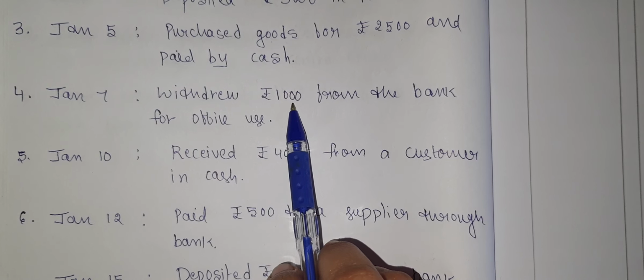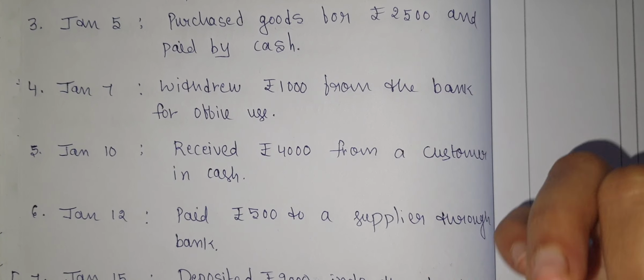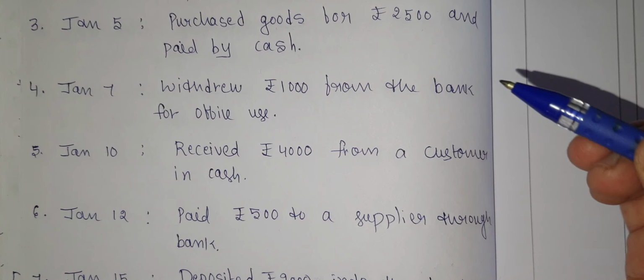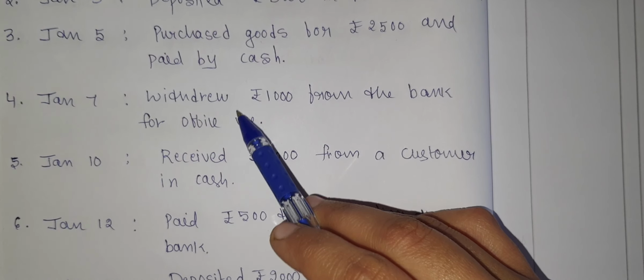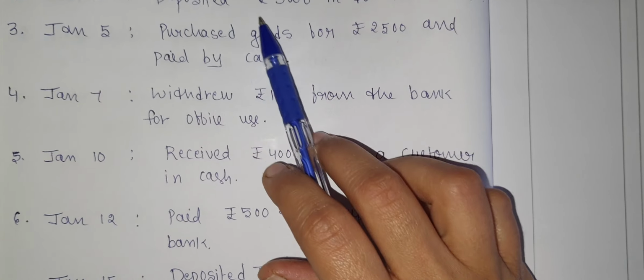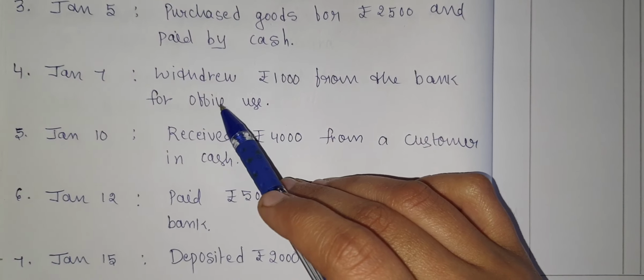Withdrew rupees 1,000 means we are receiving the cash and bank is paying the cash. So cash account debtor to bank account. So January 3rd is a contra entry, and January 7th is also a contra entry.